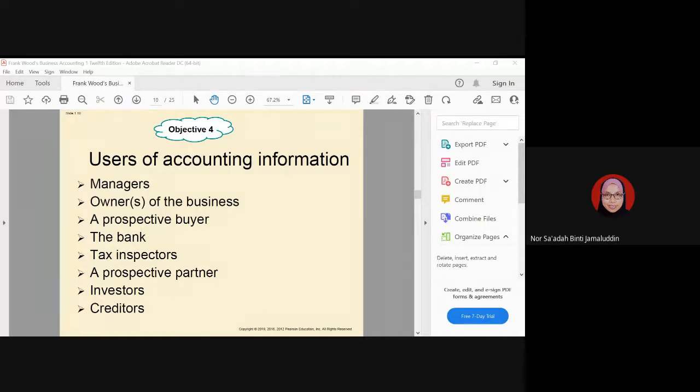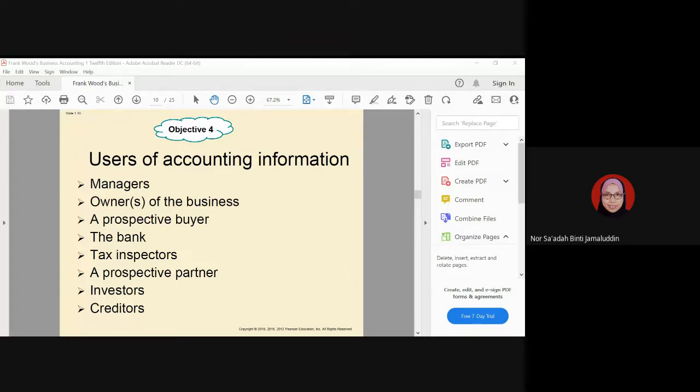Alright. Apart from that is a tax inspector. Okay. Orang yang menilai cukai, kadar cukai company kita. So dia akan tengok kepada accounting information. Why does the tax inspector use accounting information? It is because the amount of tax that one organization should pay is based on the income.